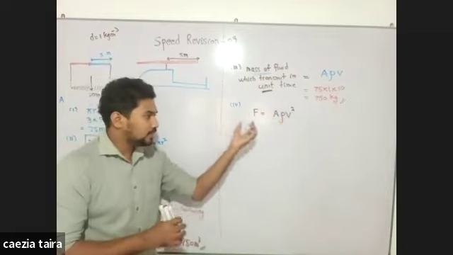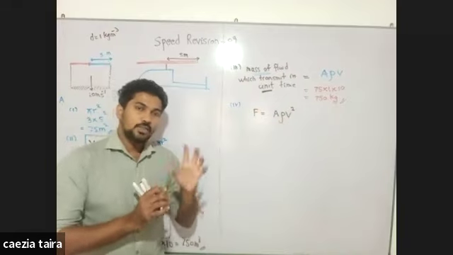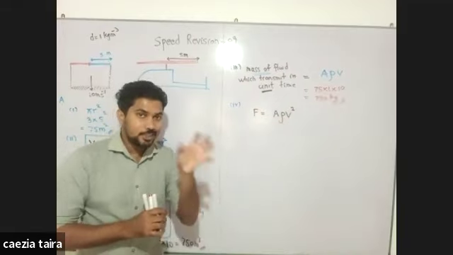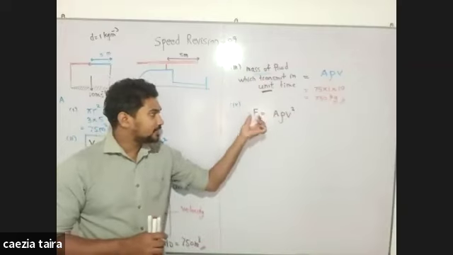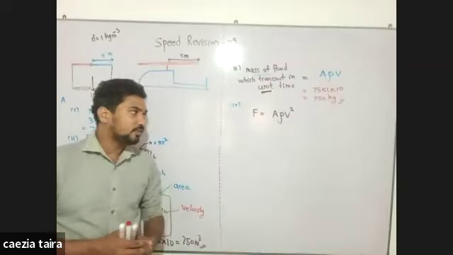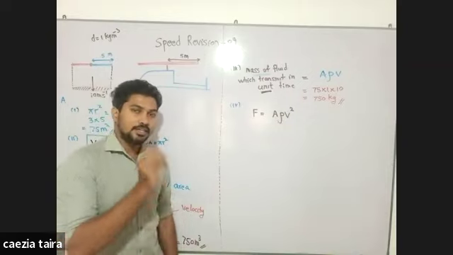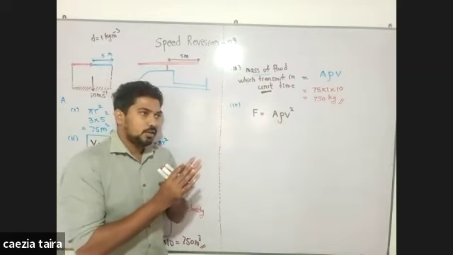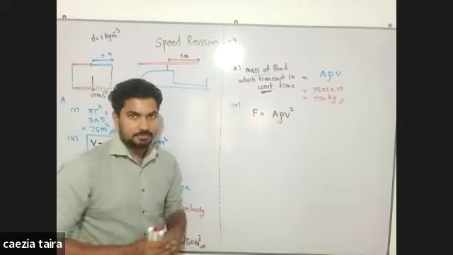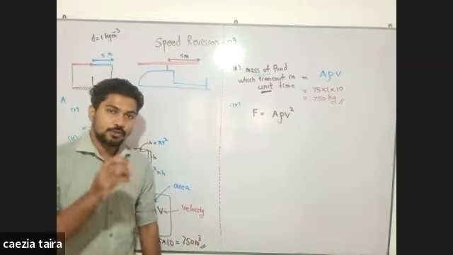This force is generated due to the transmission of a fluid in a unit time. Remember well, from this equation we obtain the force exerted on the object in a unit time.